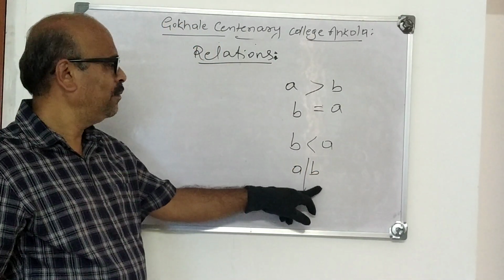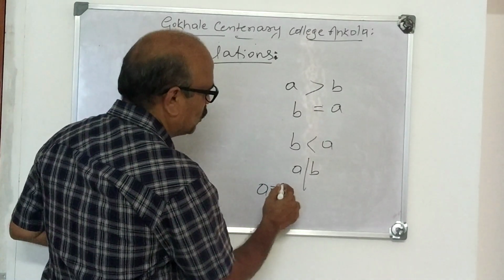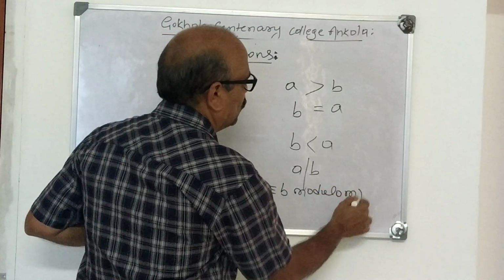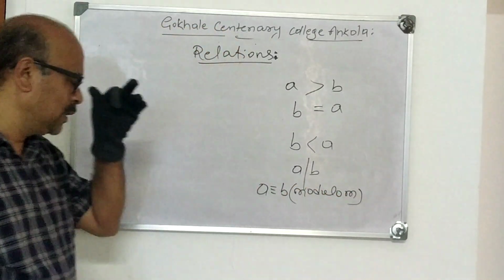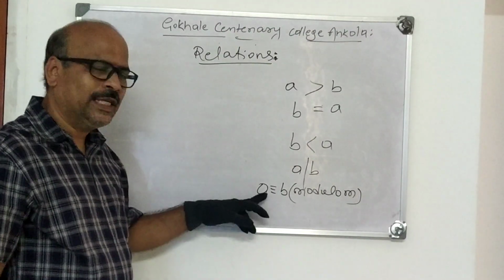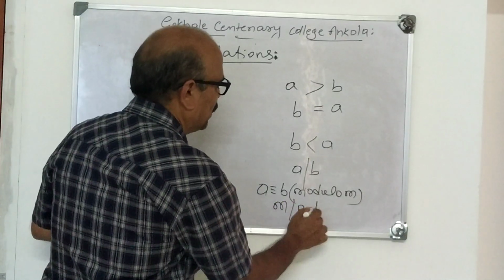One more relation I give as an example: A is congruent to B modulo M. I think you are familiar with this relation also. A is congruent to B modulo M if and only if M divides A minus B.